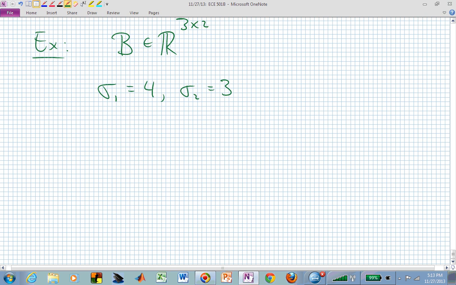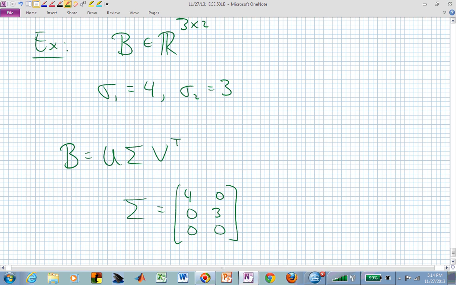What's the null space of B? What's sigma look like? It's 3 by 2, isn't it? It's going to be 4, 0, 0, 3, 0, 0.